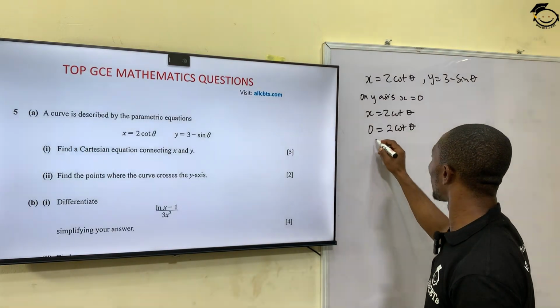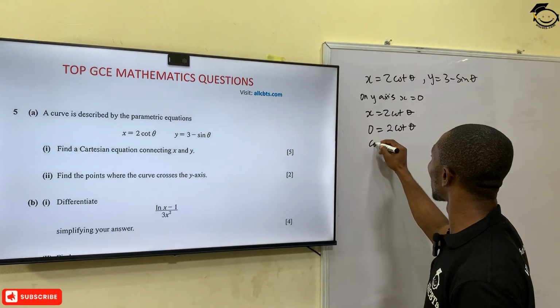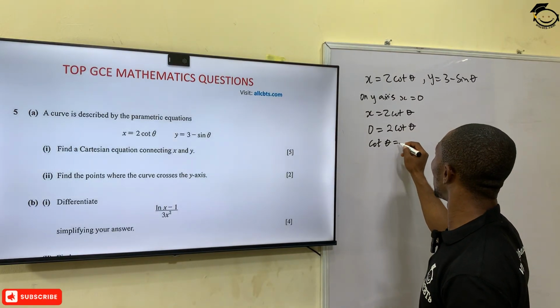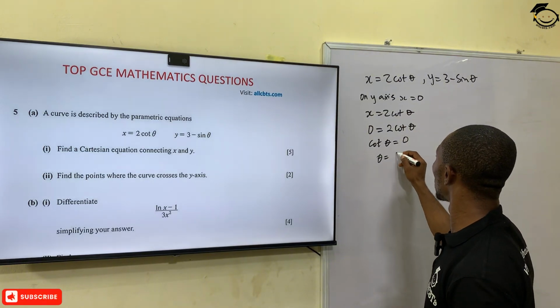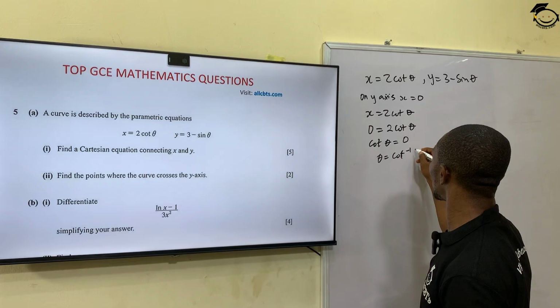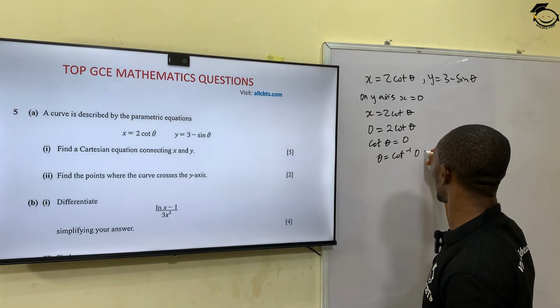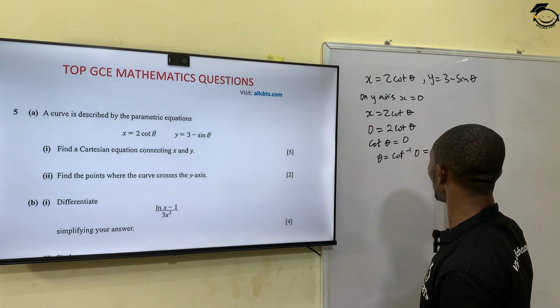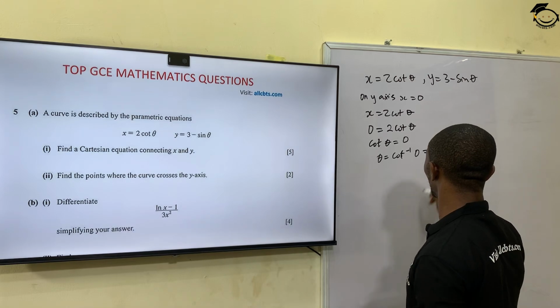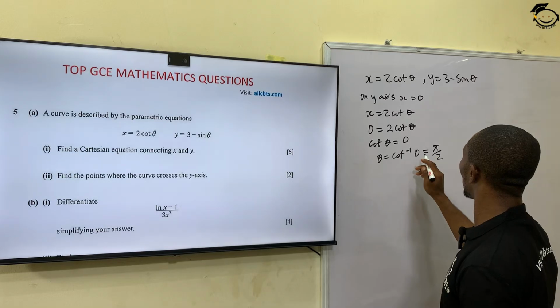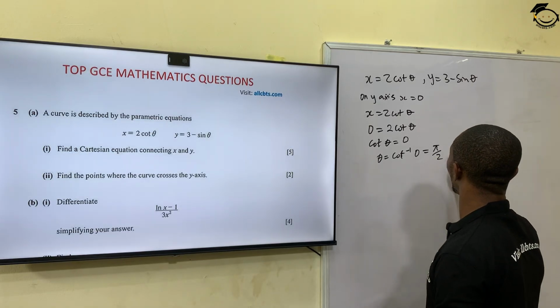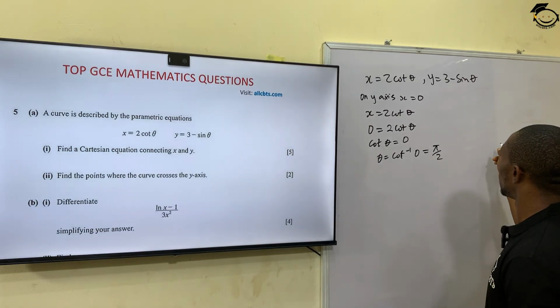So cos theta equals 0. So theta equals cos inverse of 0. Okay, which will give us pi over 2. All right, and we know that pi over 2 is 180 over 2, which is 90 degrees.